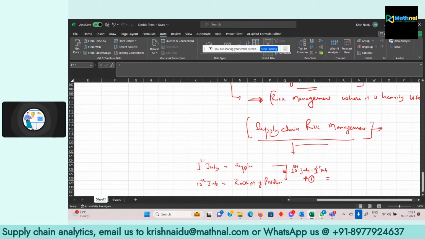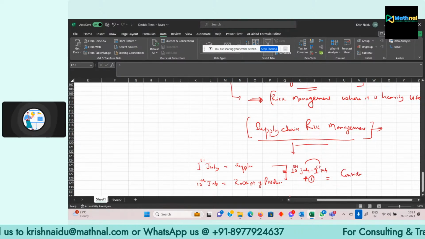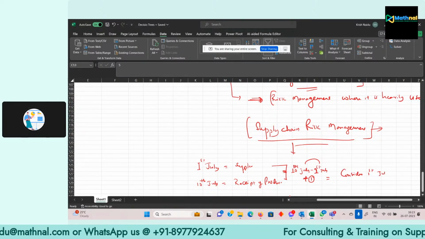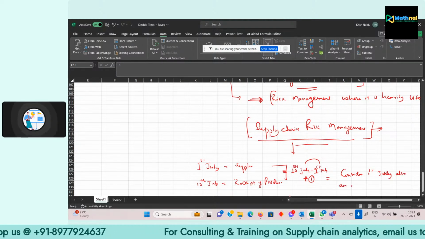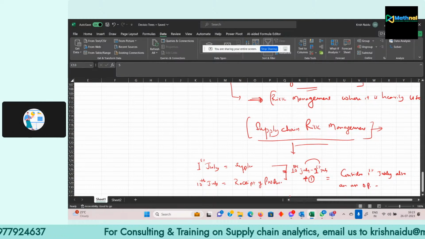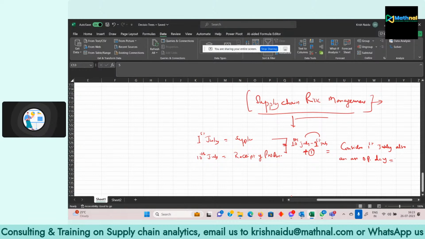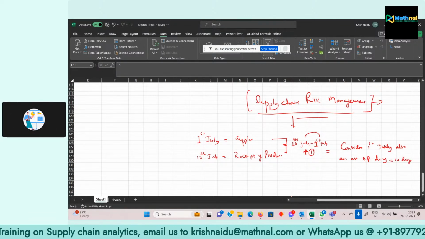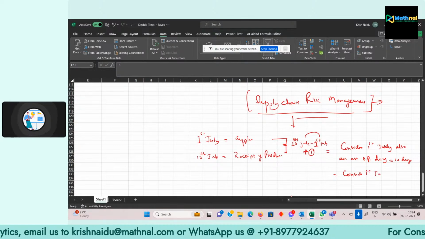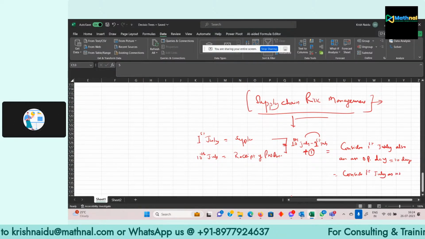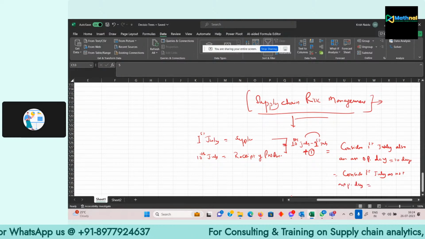So if you consider 1st July also as an operational date, it will be 10 days. If you consider that 1st of July is not an operational date, it will be 9 days.